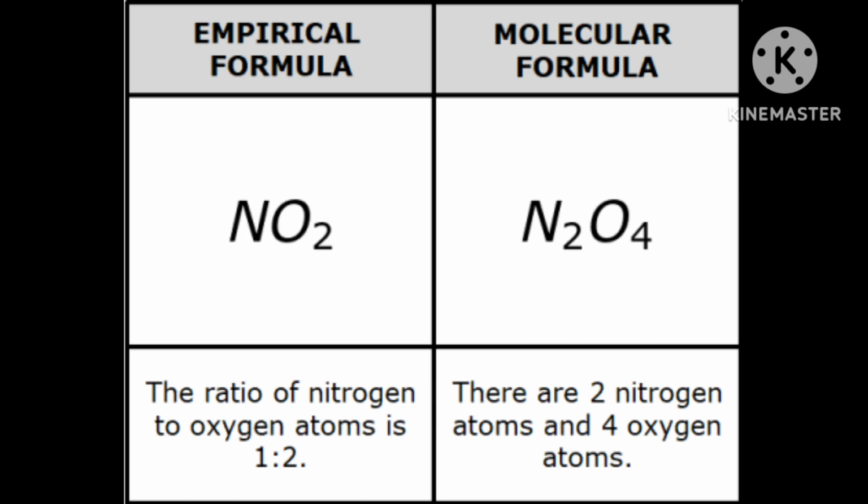Now how? I am telling you now. The percentage is 69.5% oxygen and 30.5% nitrogen, and molecular weight is 92. Here you have to use one relation: percentage of element divided by atomic weight.